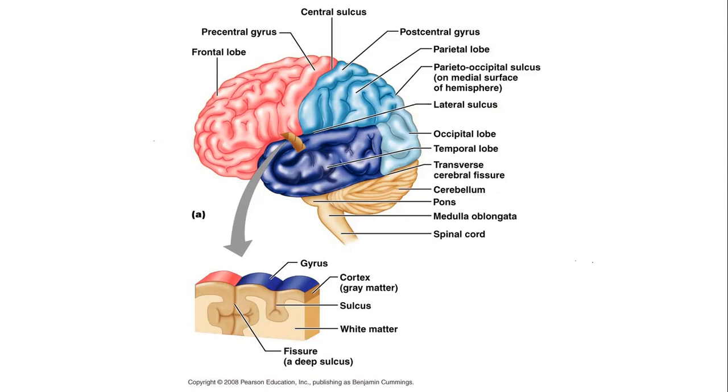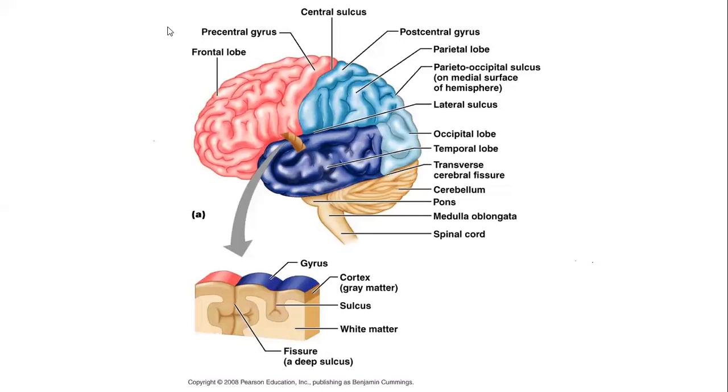But in the brain, it is the opposite. The gray matter, which contains the cell body, stays outside, while the white matter, which contains the axon, remains inside. So we have the sulcus and gyrus, as you can see. So this is what I mean.